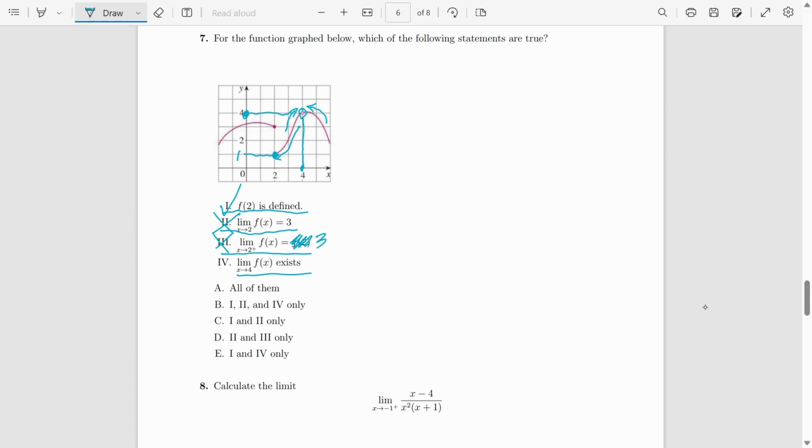So in this case, since the left-sided limit and the right-sided limit both approach the same value, the general limit does exist. It's the opposite of x equals 2 here. So we know this one is true. So that's our correct answer: 1 and 4.